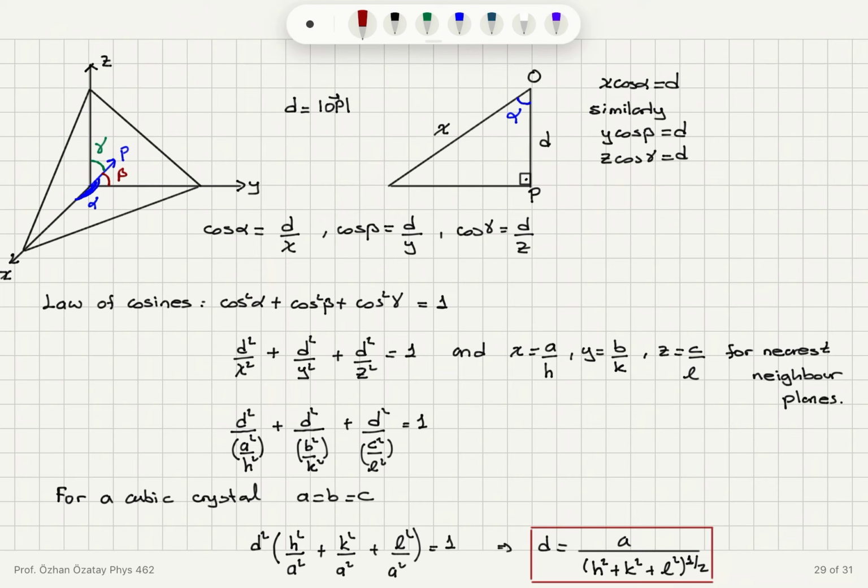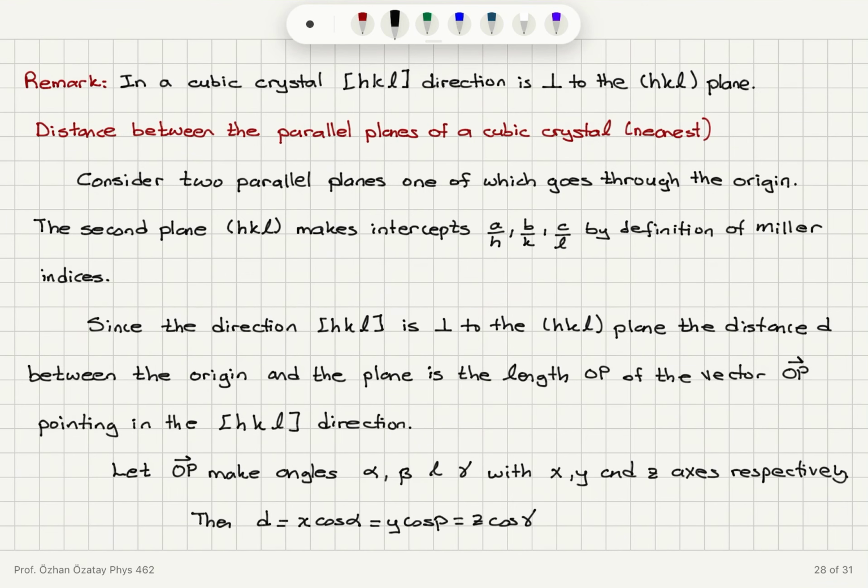The other plane is intercepting the x, y, and z axes at points x, y, and z. So this is the intercept at x, the intercept at y, the intercept at z, and then I have another plane which is going through the origin. We're considering two parallel planes here: one includes the origin, the other one does not.